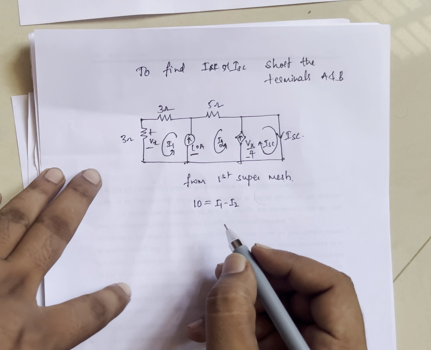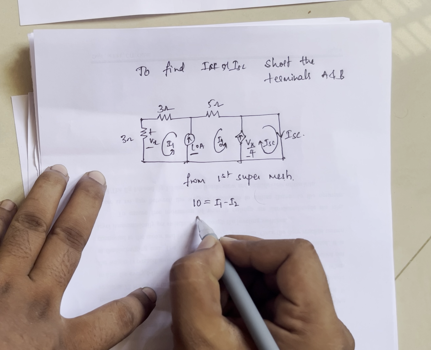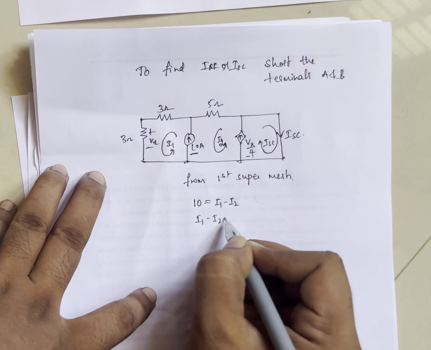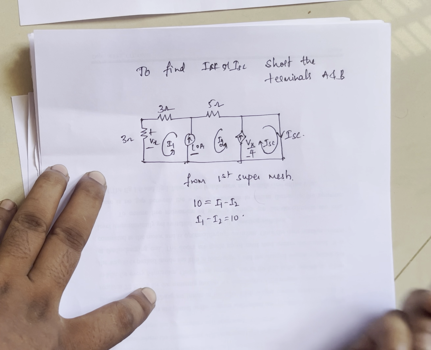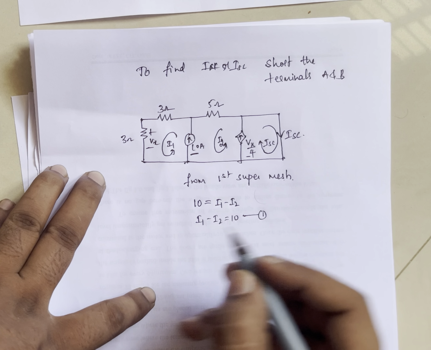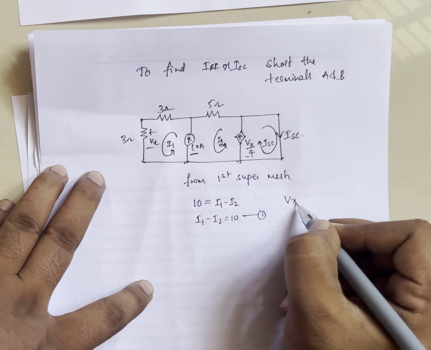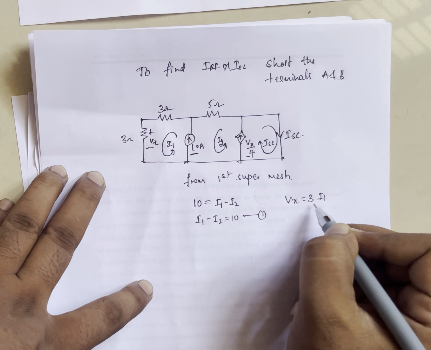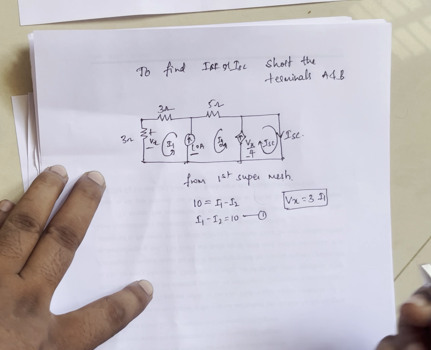You can also rewrite it as I1 minus I2 equals 10 amperes. This is equation number 1. Whereas Vx, you already know, Vx is nothing but 3 into I1.